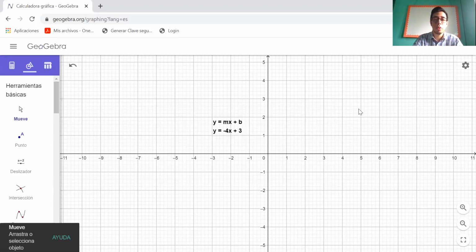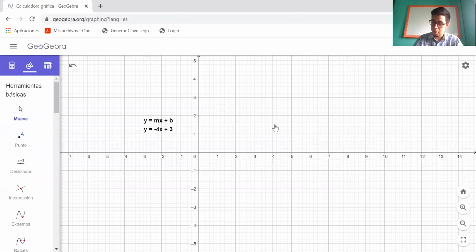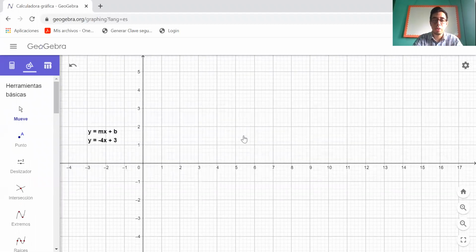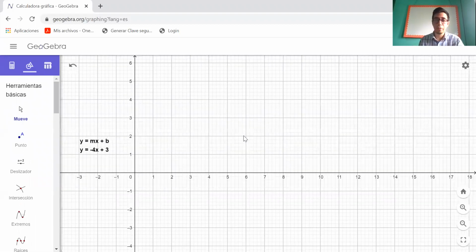I'm going to move this because we are going to use the negative numbers. Okay. Guys, you already have the y-intercept, right? The y-intercept is +3. You know that b is the y-intercept. So we can graph this only by watching this.